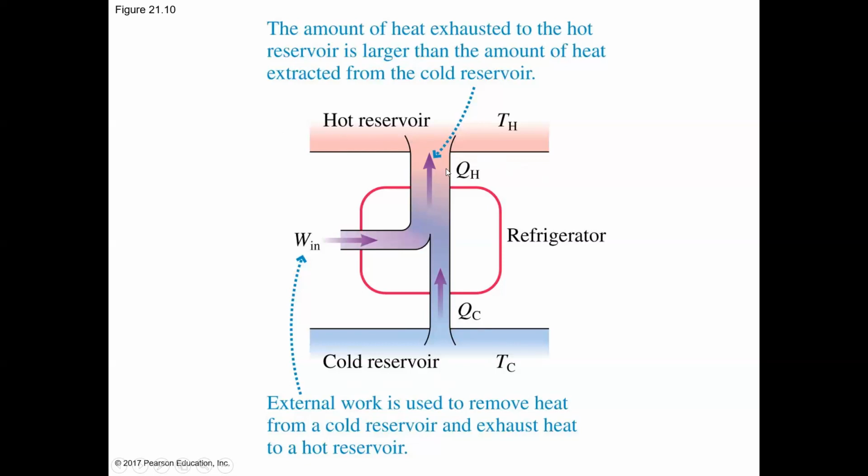And remember the second law of thermodynamics, heat always flows spontaneously from hot to cold, never the other way around. So the only way that the working substance, that fluid within the coils, is going to dump heat to the outside air in the kitchen is if the working substance is at a higher temperature than the room. So the room is at 25 degrees Celsius.